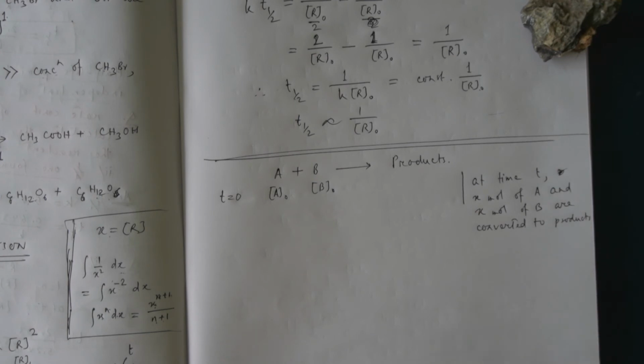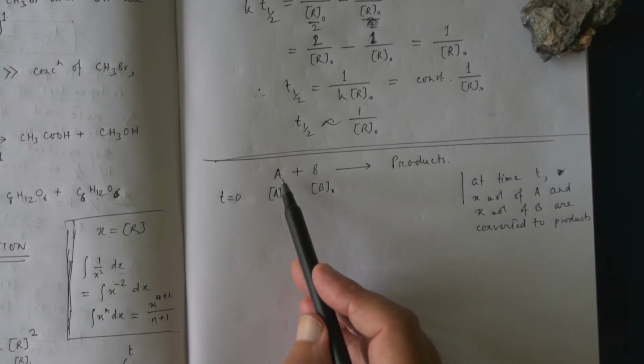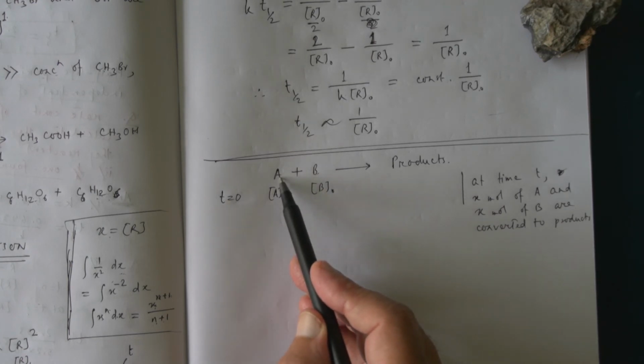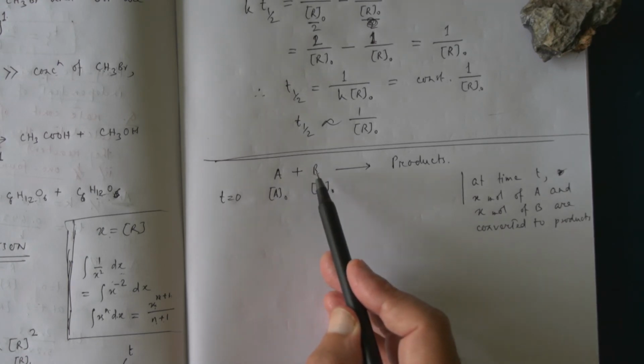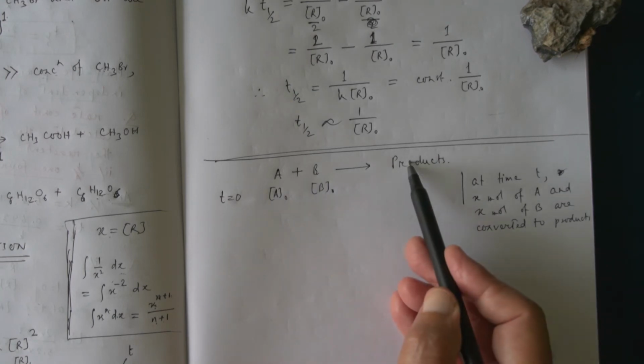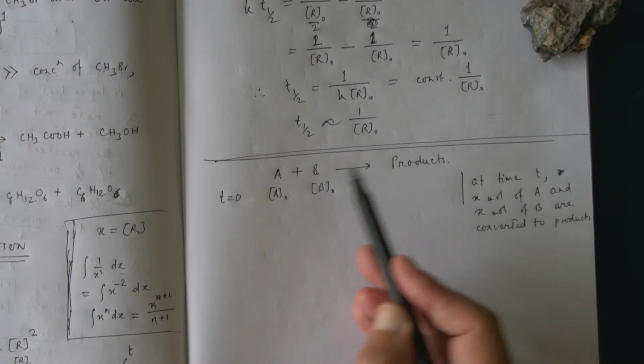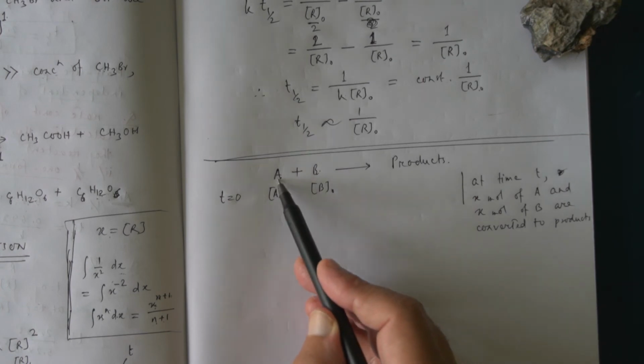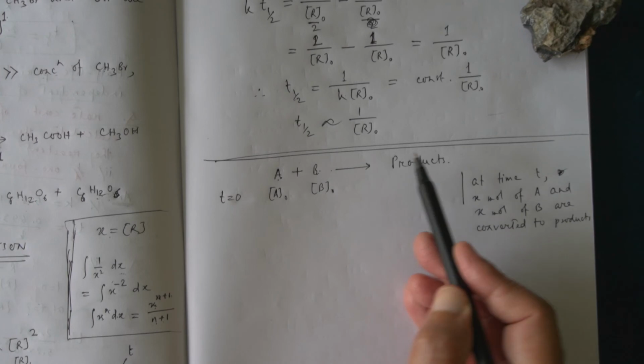Because for the reaction to take place, the same amount of A and the same amount of B must go. If 1 mole of A reacts with 1 mole of B, or 2 moles of A react with 2 moles of B, only then will we get the product.